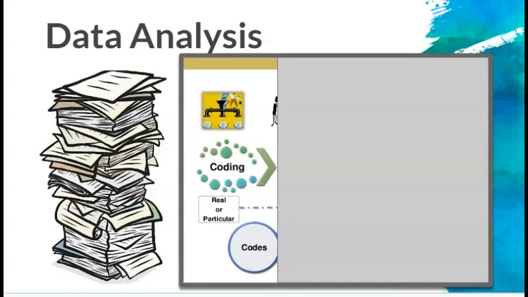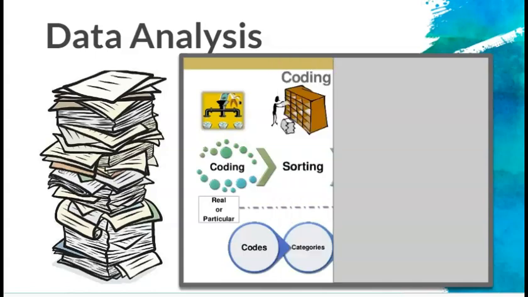So we go through this process of coding first, and that is either real codes that already exist or we make up the codes as we go. Okay. And then we sort through all the data and we put the codes on the data and categorize the data and say this belongs in this code.